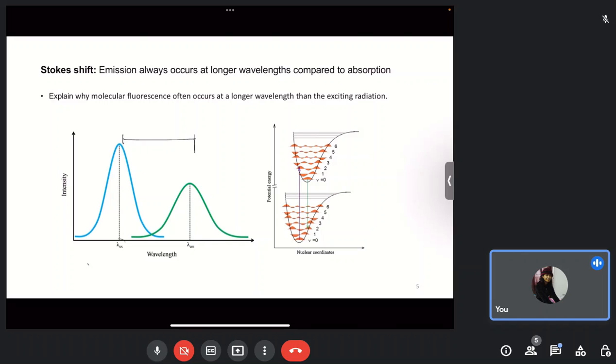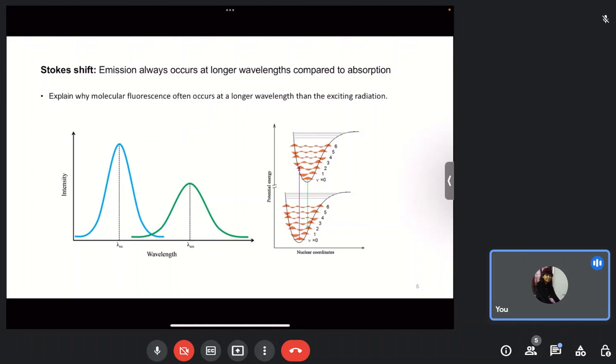Compared to lambda excitation, lambda emission has been shifted to a higher wavelength. So this denotes a Stokes shift. We have been asked what is the reason behind the Stokes shift of the emission maximum of a fluorescent molecule.